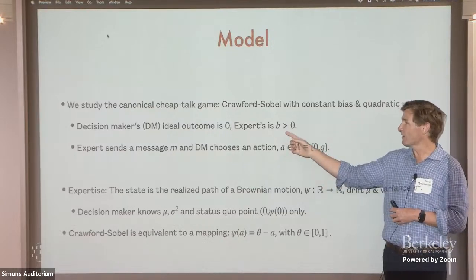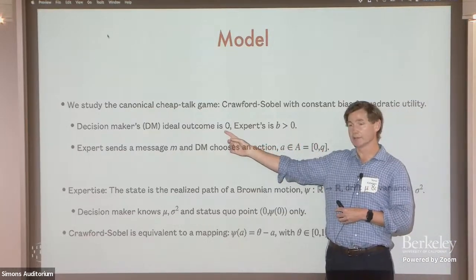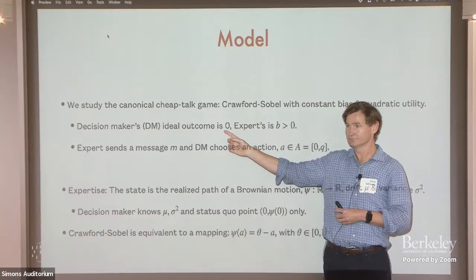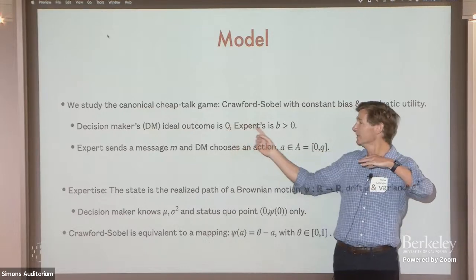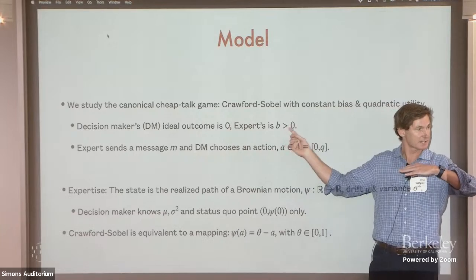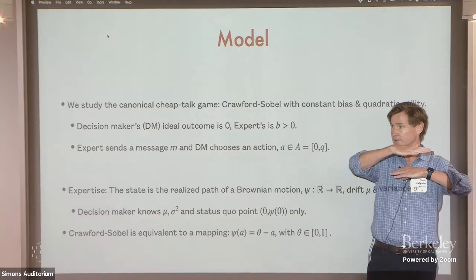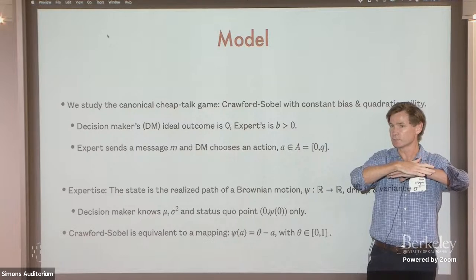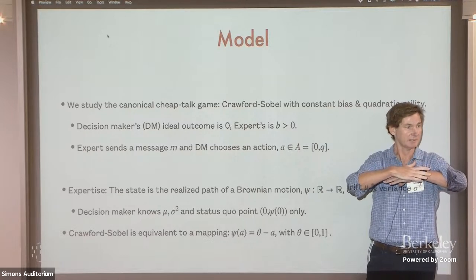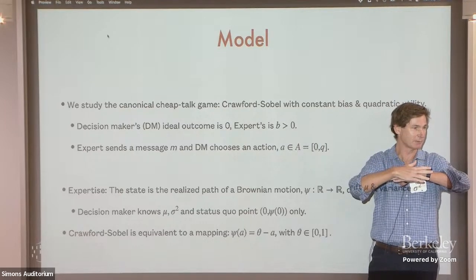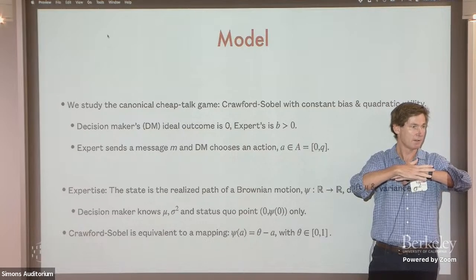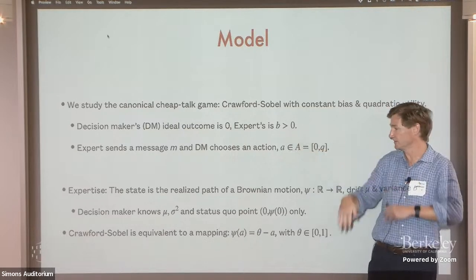The decision maker's ideal outcome is 0. He wants an outcome as close to 0 as possible. The sender, the expert, wants to get near outcome B, and this is the bias. If B was 0, their interests would be aligned and there'd be no tension here. You could just share your information and everyone would be happy. So this is the bias that's creating this tension.